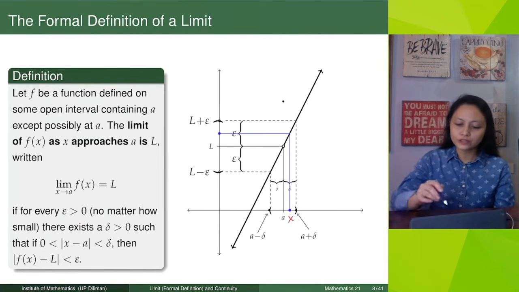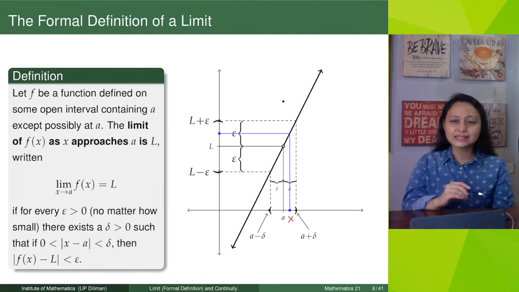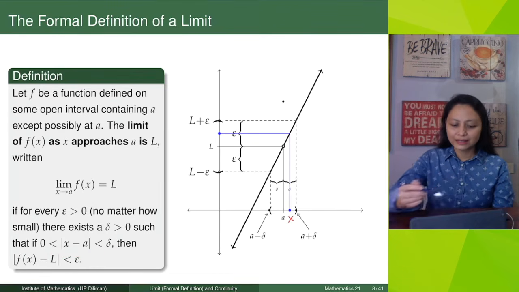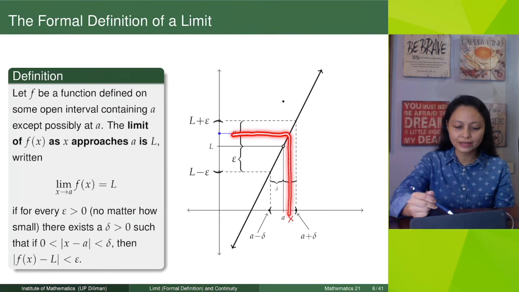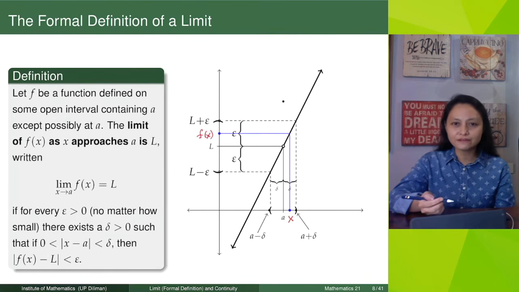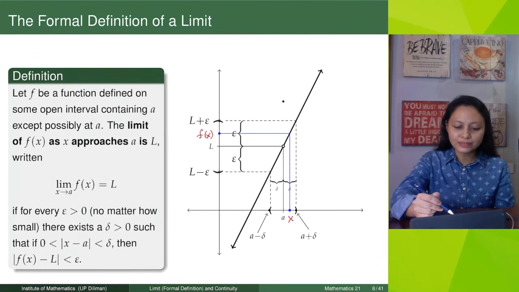Of course, you can also choose your x somewhere here as long as it is in this interval, meaning its distance from a is less than delta. Then, the definition says that if the limit exists, this is x, this is your f of x, and that f of x is close to L, meaning your f of x is within this interval.